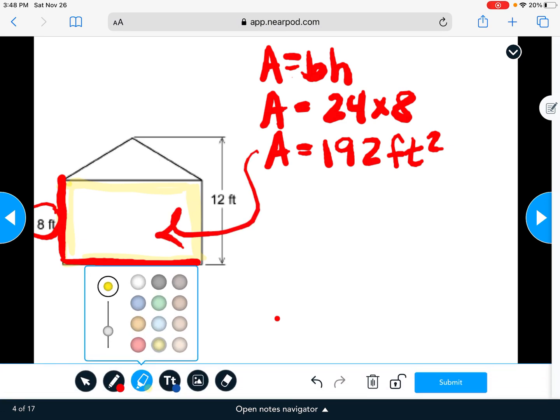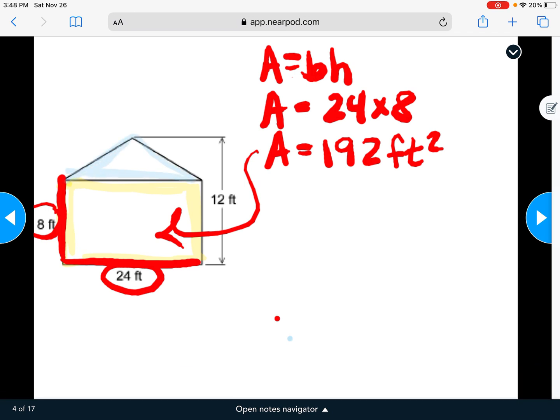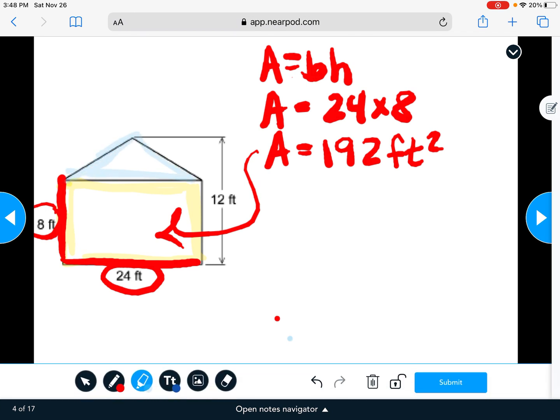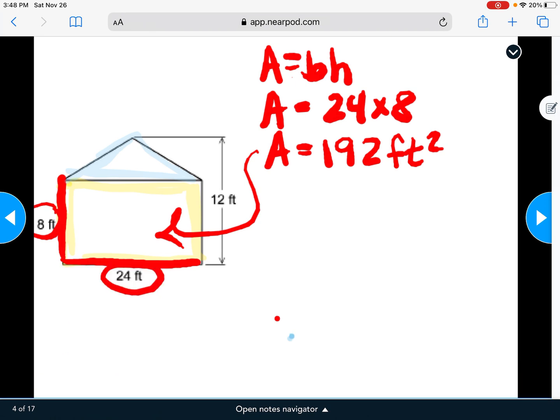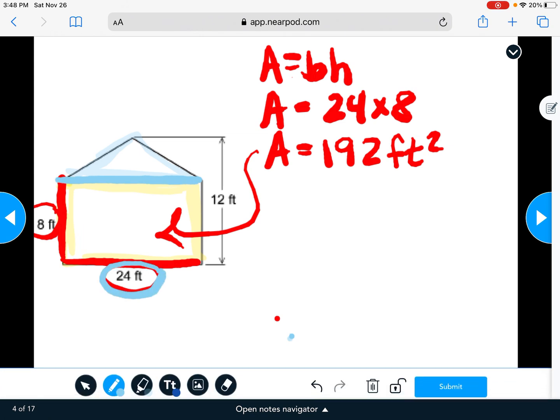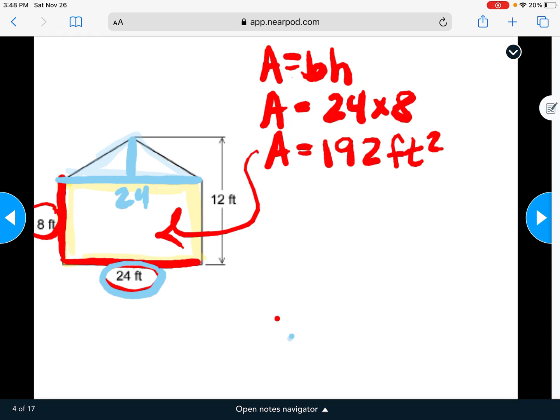All right, now we're going to take a look at the triangle. And on the triangle, we need a base and a height. So the base of the triangle, we're looking at the bottom here, and that would be the same as the 24 that goes across the bottom. The height, we're looking straight up and down.